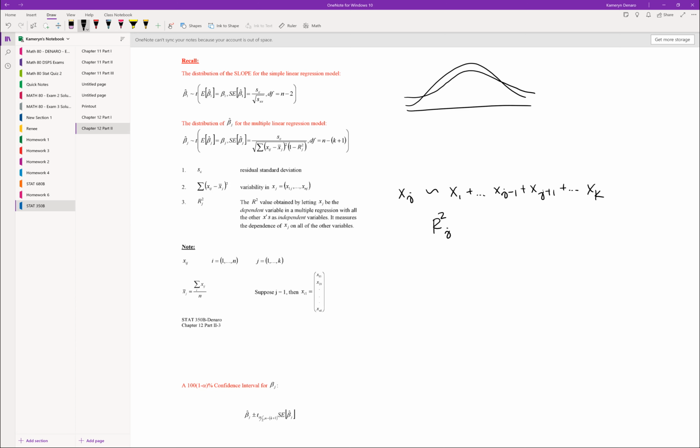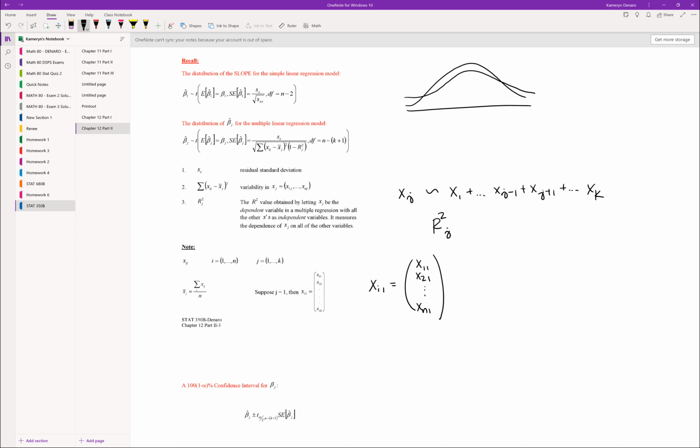Okay, so just a quick note, if you want to calculate x bar j, how would we actually do this? What we're doing is we're going to sum up over all the i people. Let's think about the first variable, xi1. That's x11, x21, all the way down to xn1.